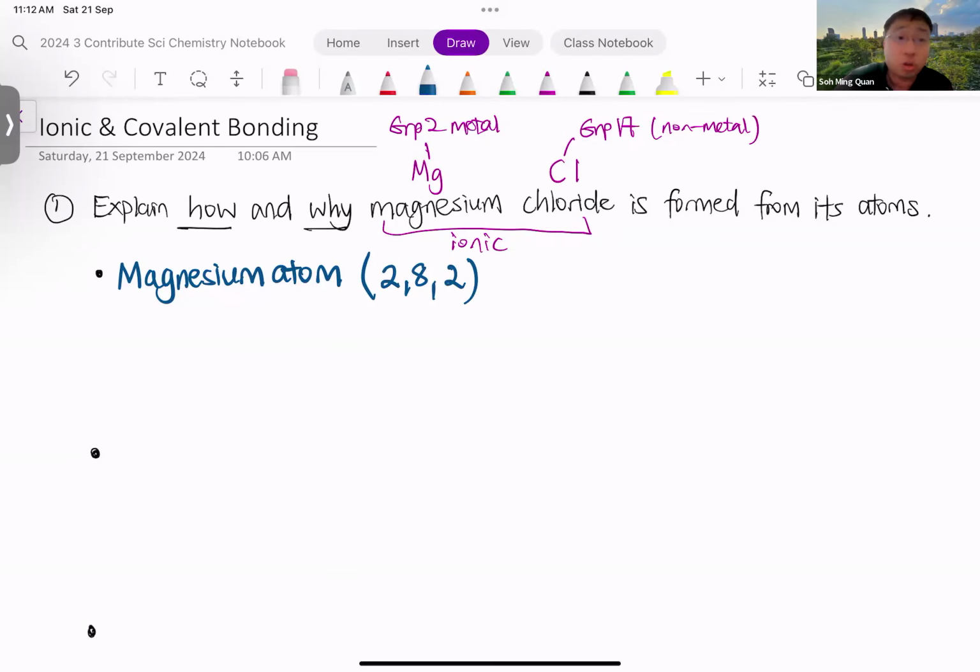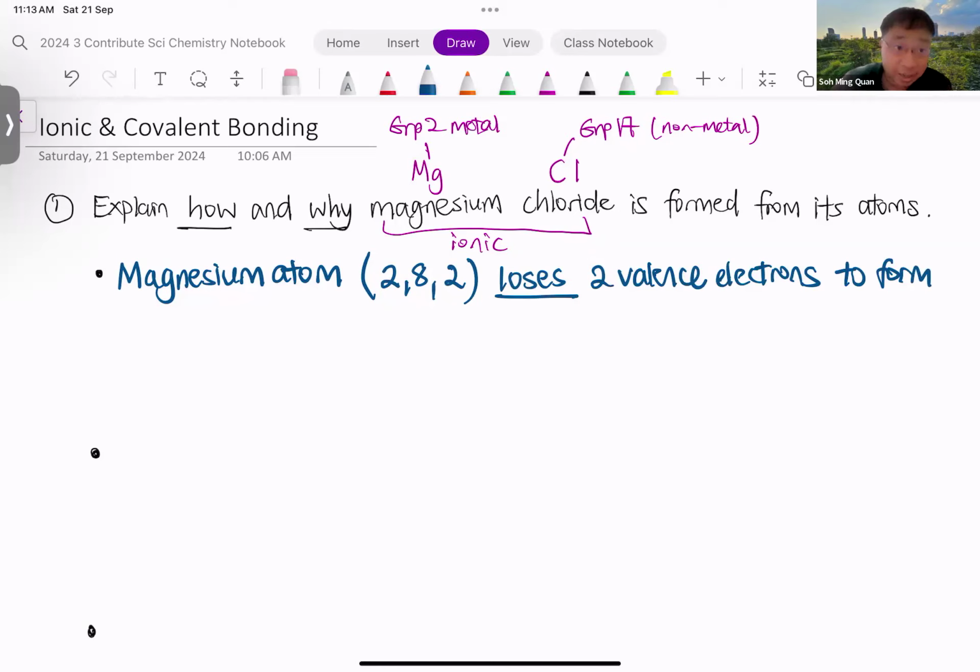Now that you have written 2, 8, 2 out, it should help you realize that magnesium is not going to be stable. Magnesium will react, in this case with chlorine. When magnesium reacts, it will lose the 2 valence electrons, meaning the 2 electrons in the outermost shell will be lost.